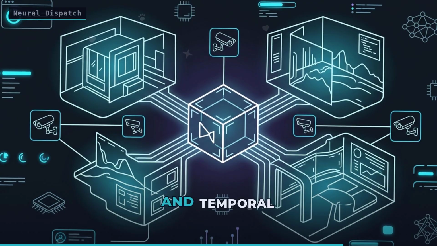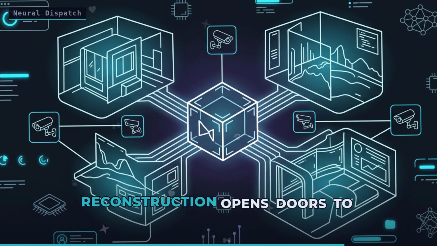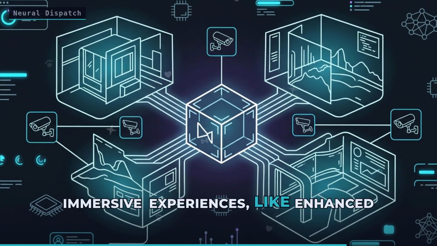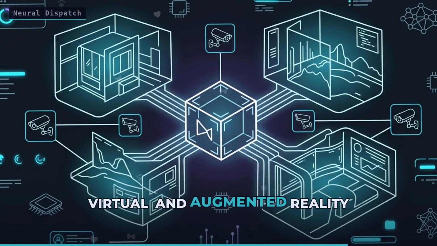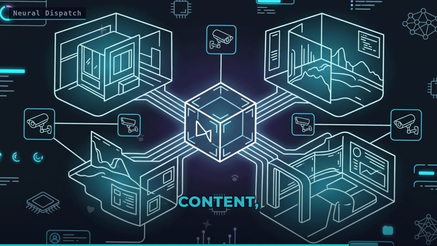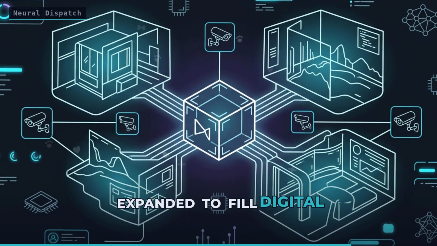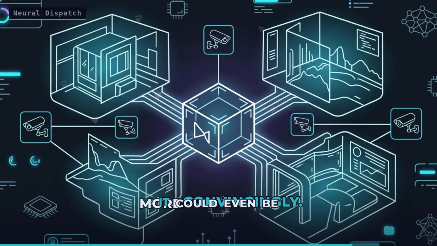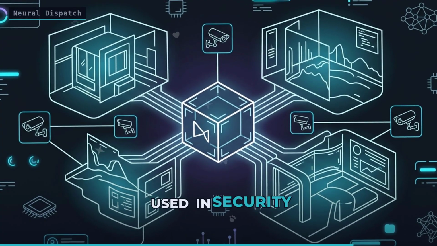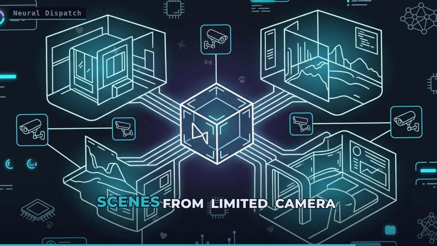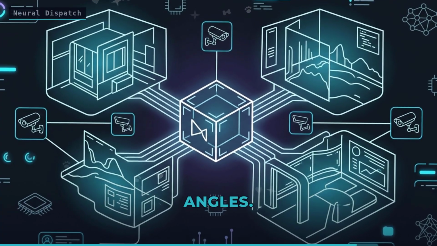This kind of spatial and temporal reconstruction opens doors to more immersive experiences, like enhanced virtual and augmented reality content, where real-world footage can be expanded to fill digital spaces more convincingly. It could even be used in security or surveillance to reconstruct wider scenes from limited camera angles.